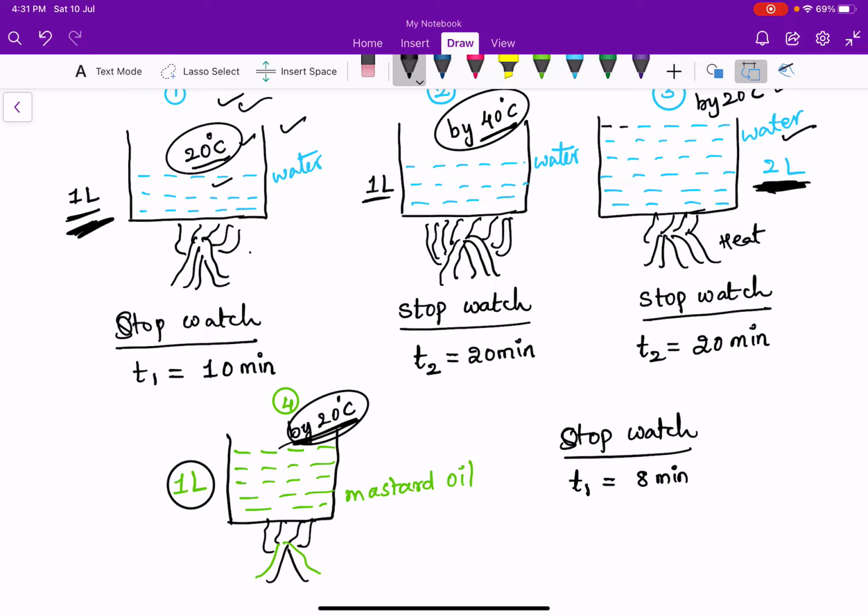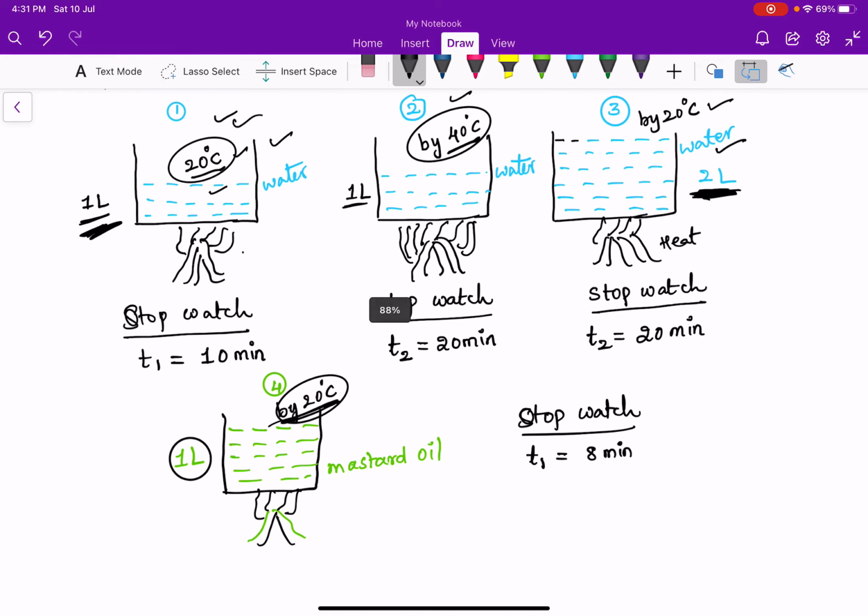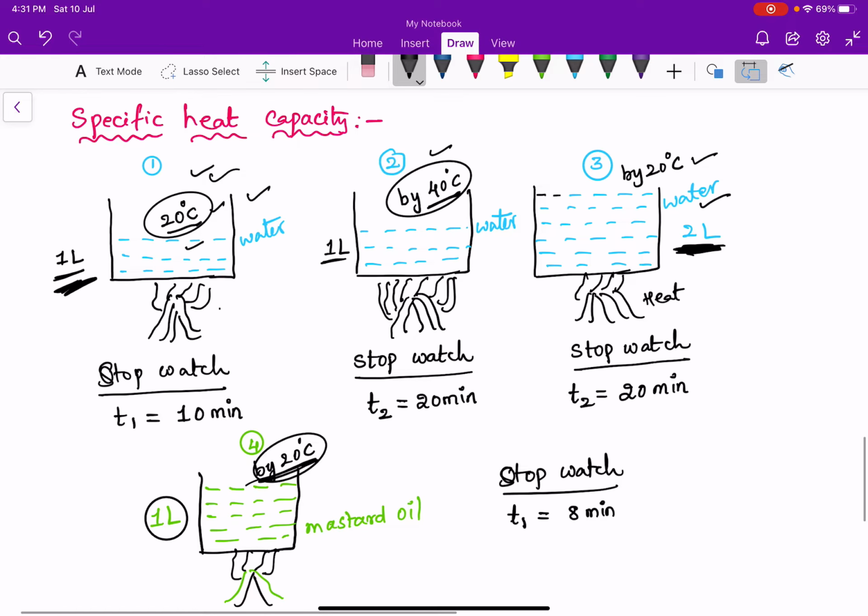So here the amount of heat energy supplied, I am concluding all these 3 points. The amount of heat energy supplied depends on first case the temperature raised by 20 degrees Celsius. In the second case the temperature is raised by 40 degrees Celsius. So amount of time taken are different in first 2 cases. That means the amount of heat energy supplied to the system depends on time taken.